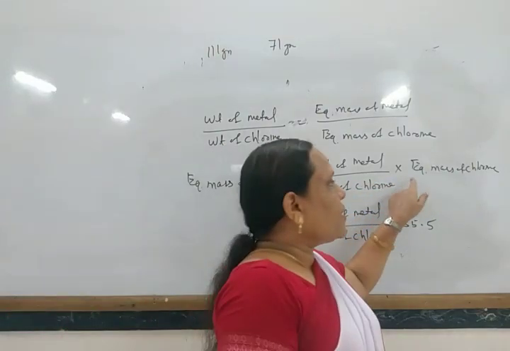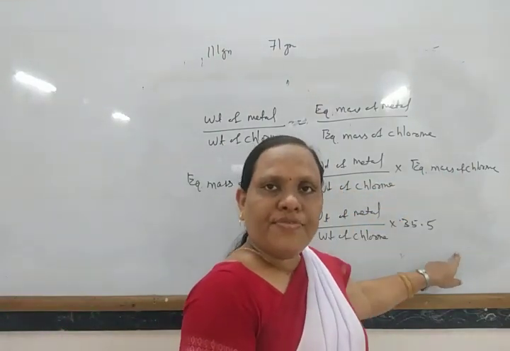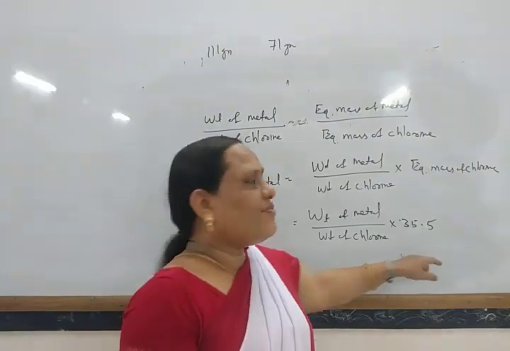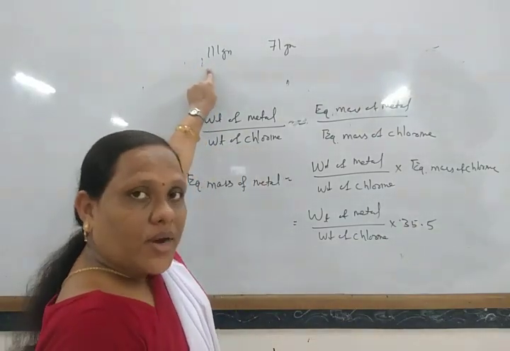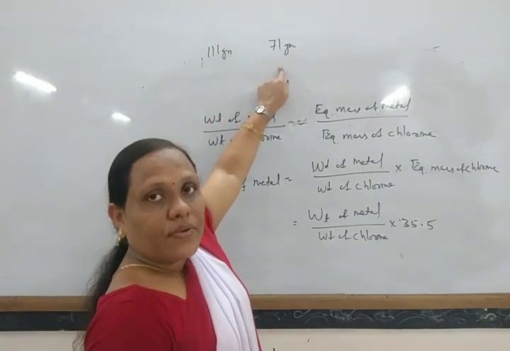Okay, the equivalent mass of chlorine is 35.5. So what is given? The weight of metal chloride is 111 gram, and this is your weight of chlorine.